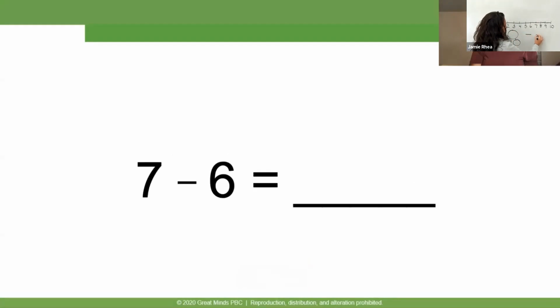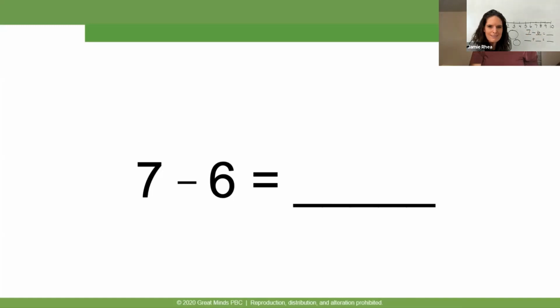And let's make some blank templates. I'm going to go ahead and put a subtraction sign and my addition sign because I know I'm going to do both. Okay, so my problem says 7 minus 6. Can I fill that in on my subtraction sentence? Yeah, because it's a subtraction sign. 7 minus 6.